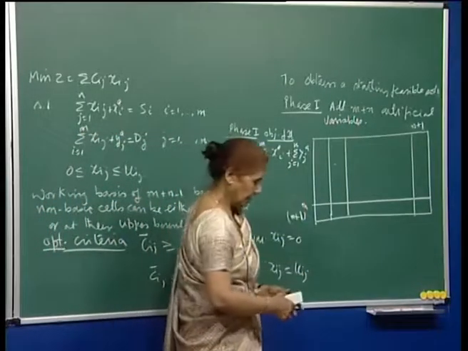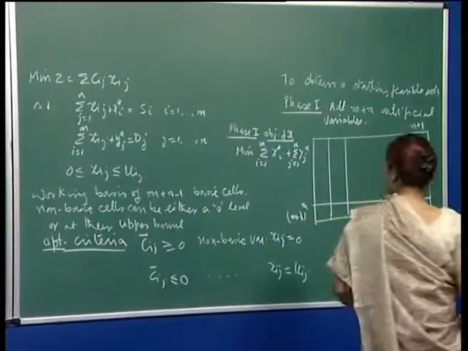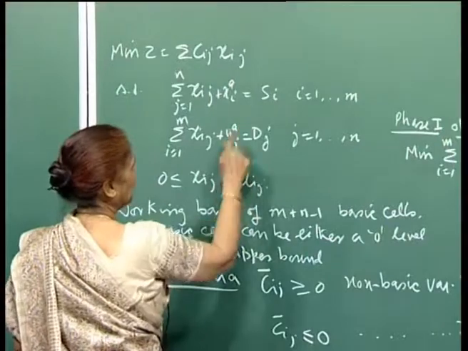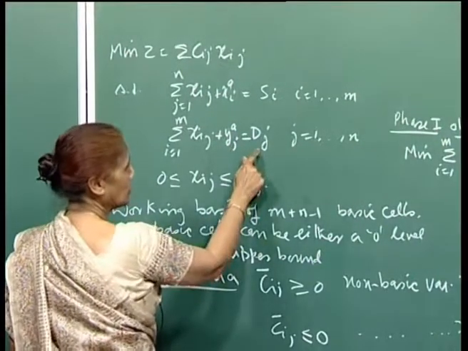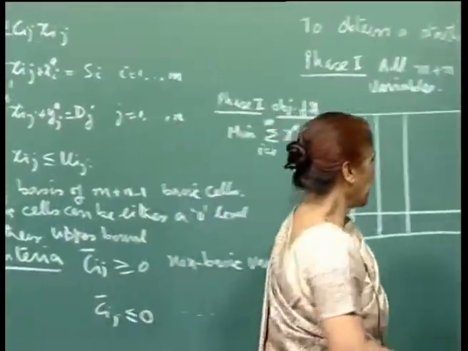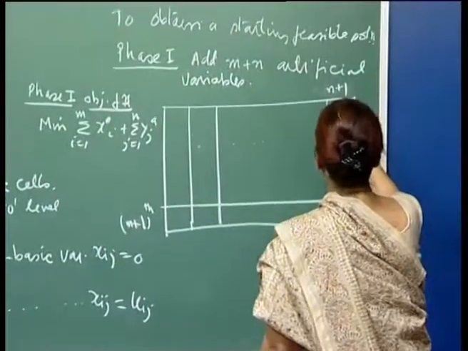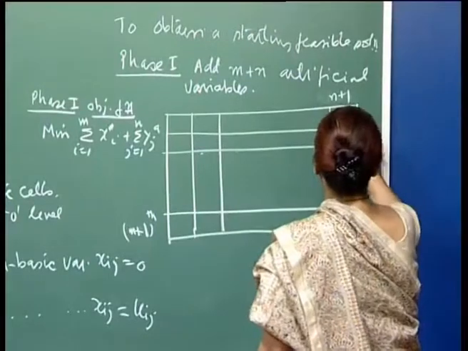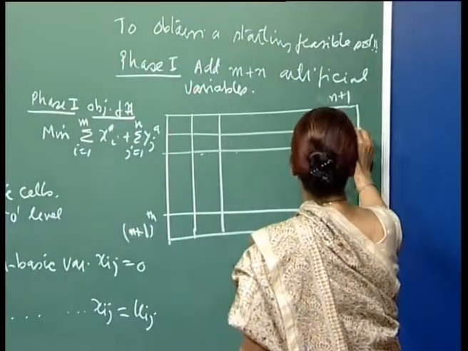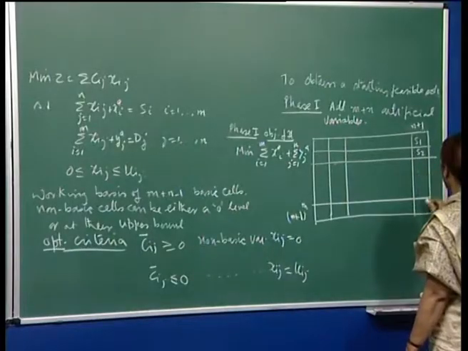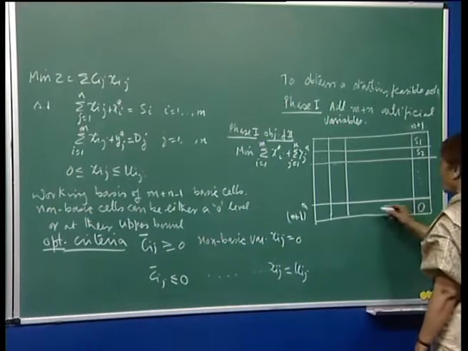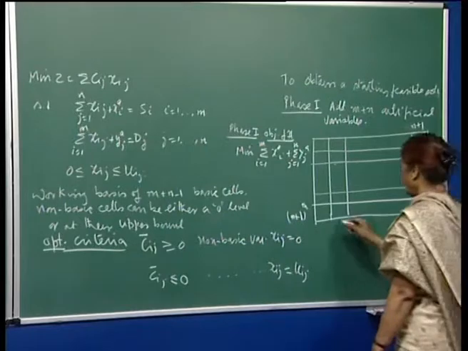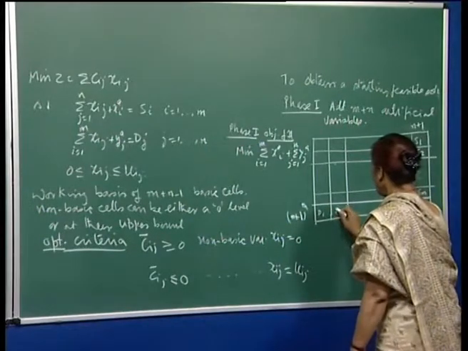We will work this out, and the starting feasible solution you can immediately read off as xai equal to Si and yja equal to Dj. So, this will become S1, S2 and so on up to Sm, and then D1, D2 up to Dn.